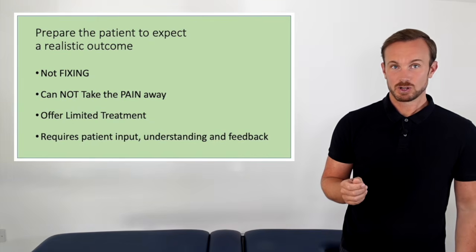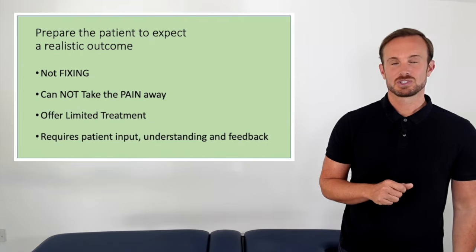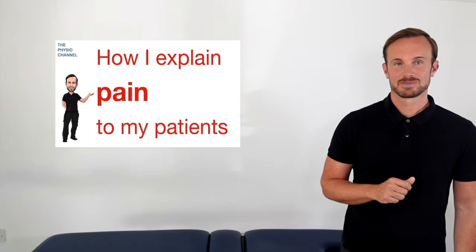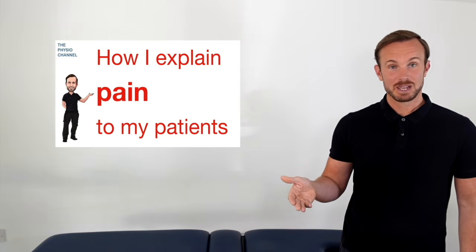It's important to include some form of pain education into our treatment sessions as well. So again, you'll see a video on how to explain pain to patients as part of this course syllabus. It's then important to have some goals and outcome measures.